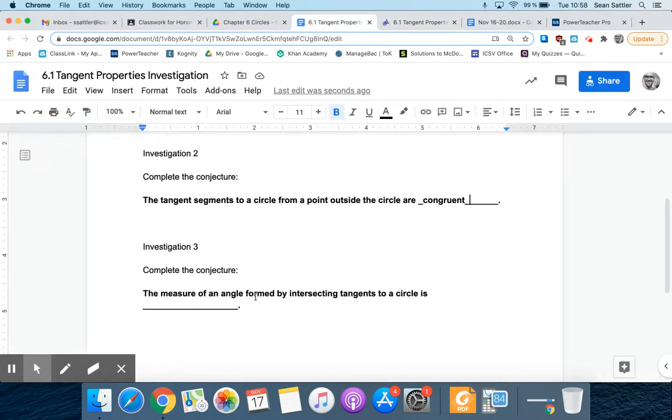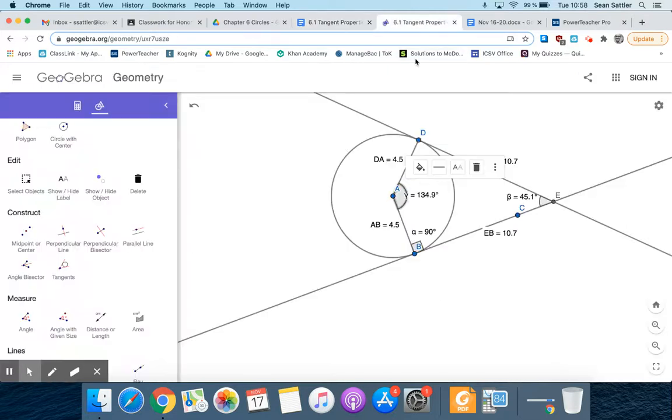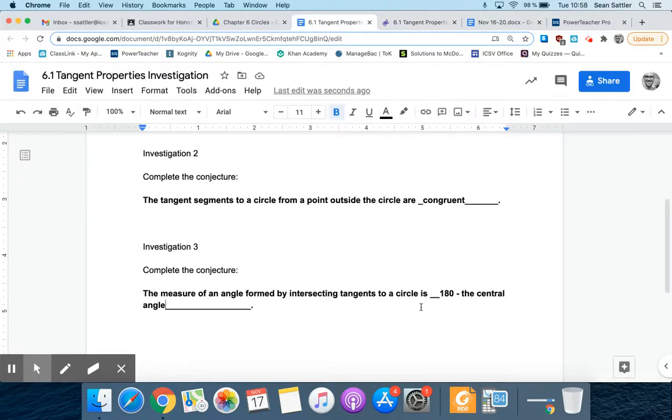The measure of an angle formed by intersecting tangents to a circle is, let's just say 180 minus the central angle, where this 134.9 is the central angle because it's created by the center of the circle. So yeah, 180 minus the central angle. That's how you find that.